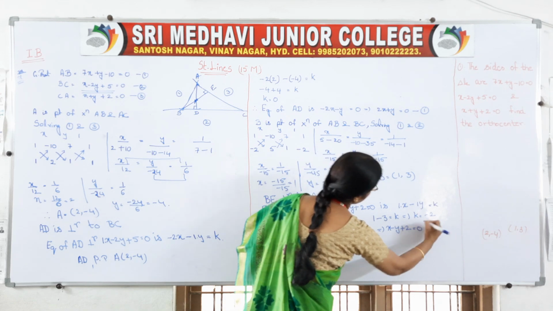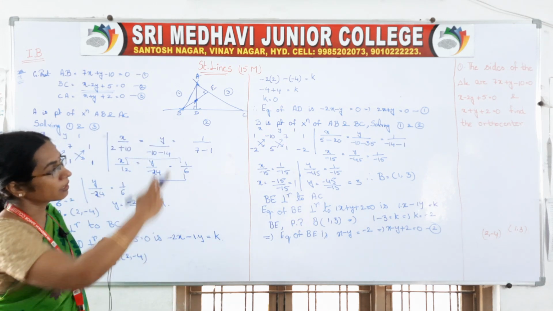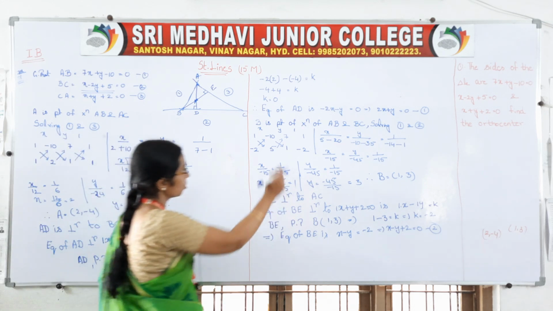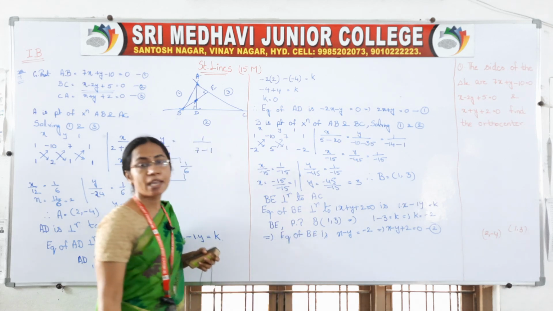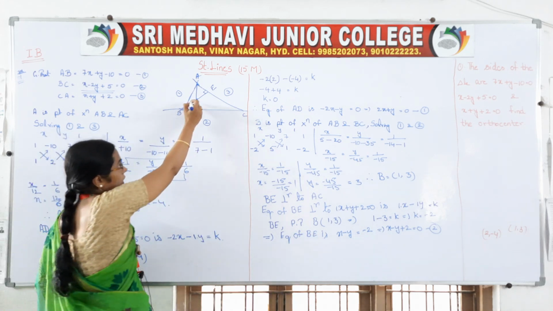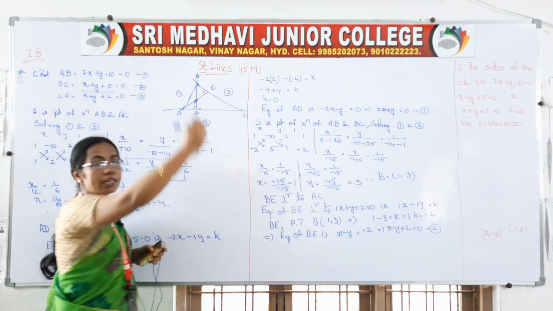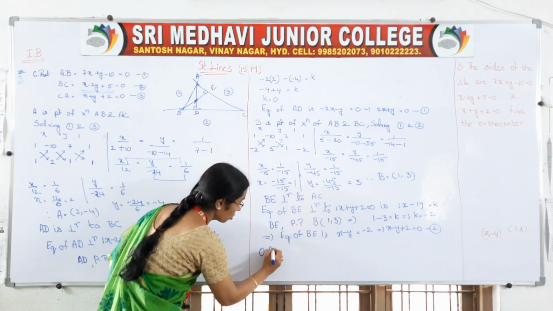You consider this as second equation, and you consider that AD equation as first equation. So we got equation of AD and we got equation of BE. What I said, our orthocenter is point of intersection of AD and BE. So come on, we will write orthocenter.